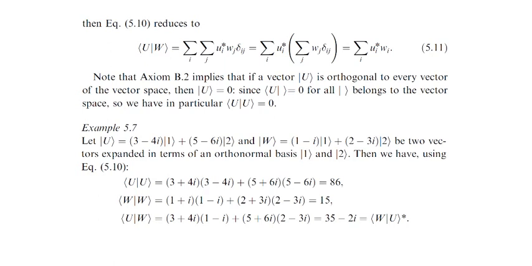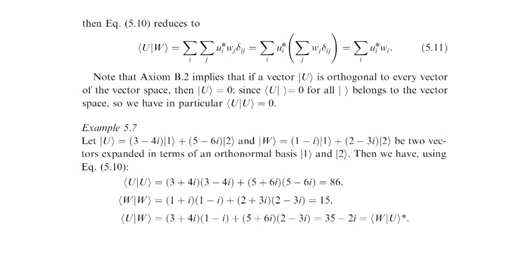And here you have w1 vector 1 plus w2 vector 2. You are also given that 1 and 2 are members of an orthonormal basis, which implies the inner product of 1 with 2 would give you 0, and the inner product of 1 with 1 and 2 with 2 would give you 1.